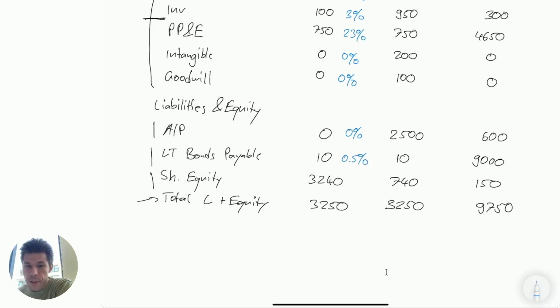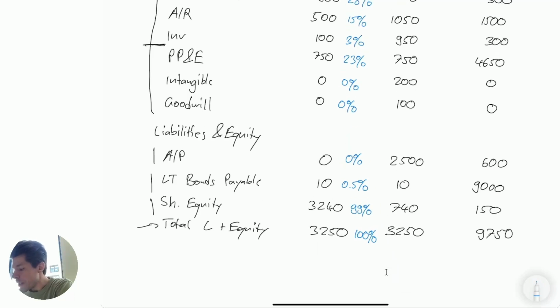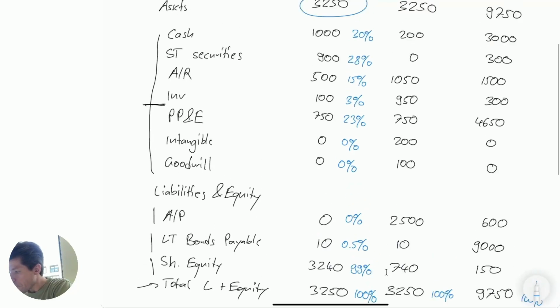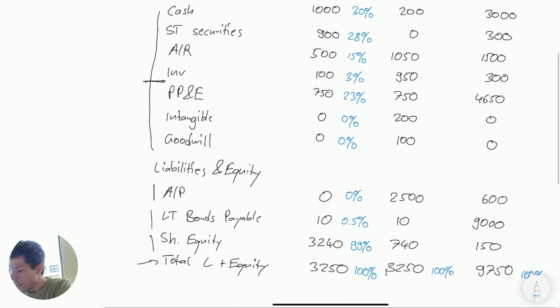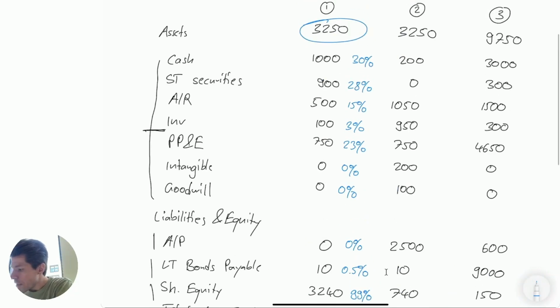Then we have shareholders' equity, 99%. And then here, rounding errors, as you can see, 100% as well. Yeah, same applies for here. Because of our accounting equation, assets equals liabilities plus equity, we always have 100% here, 100% here, 100% here.